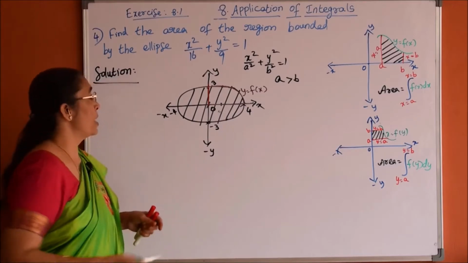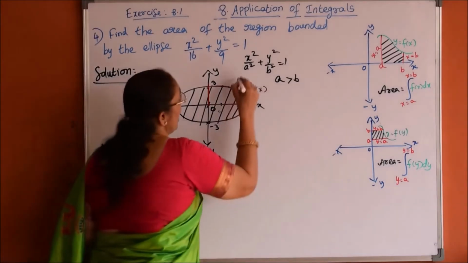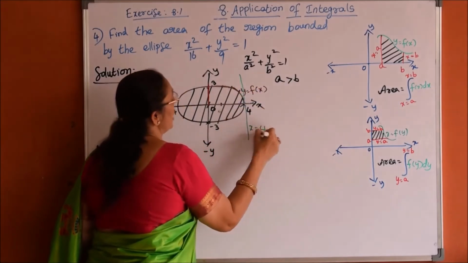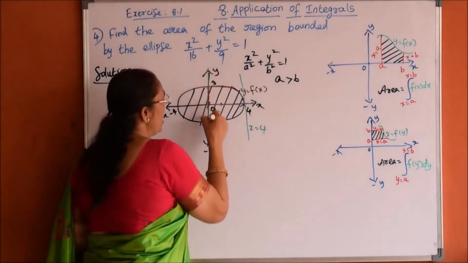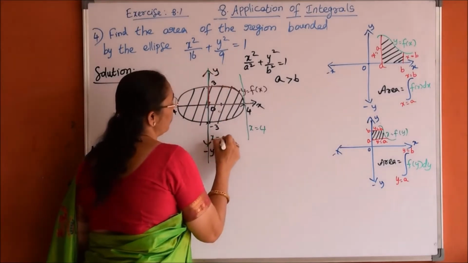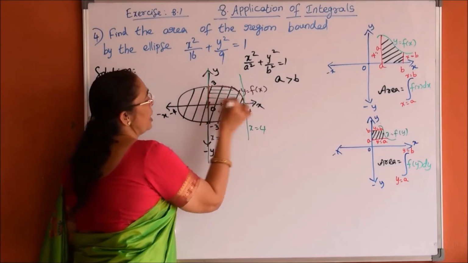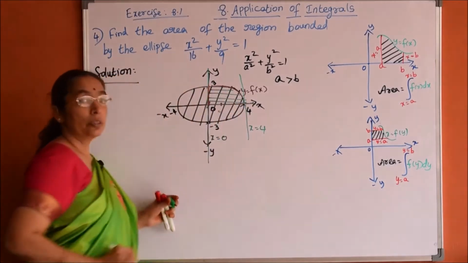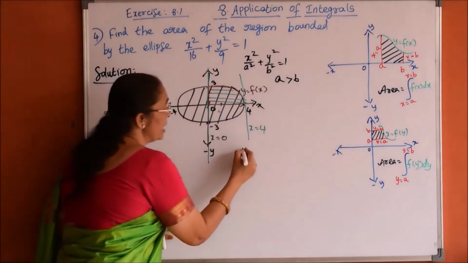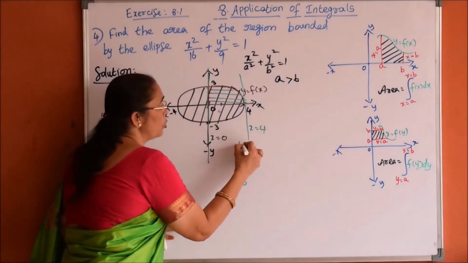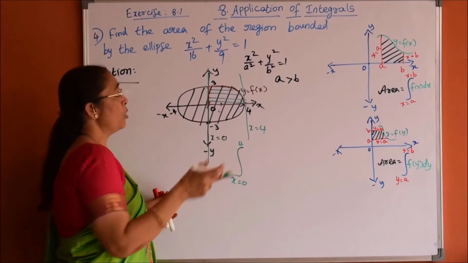One is x is equal to 0. Here x is equal to 4 is there for us. This is x is equal to 4 line and this line is nothing but x is equal to 0. So only I am considering first this first quadrant area. This area can be written as integration of x is taking the values from 0 to 4, y is equal to f of x.